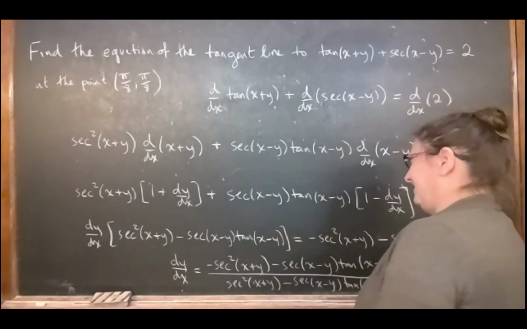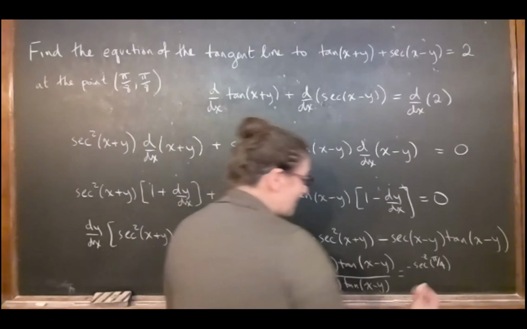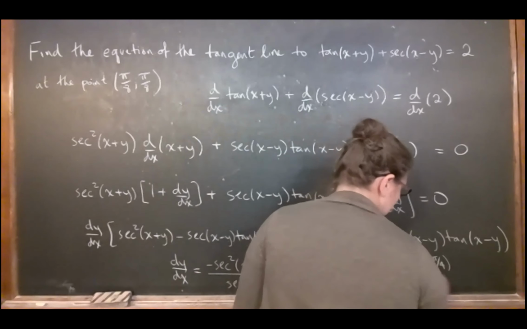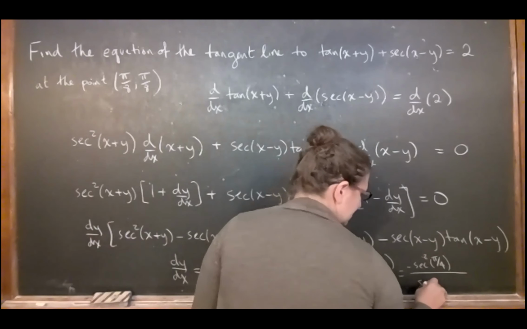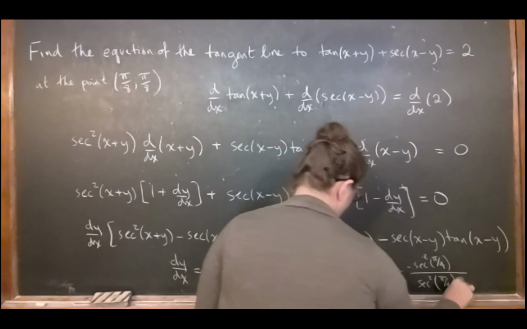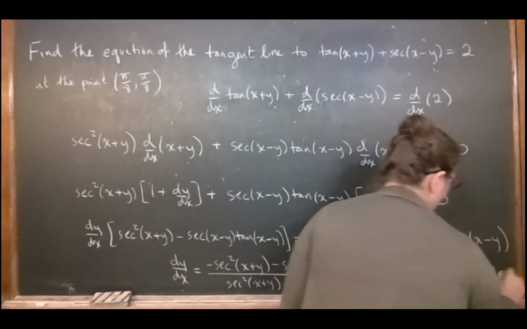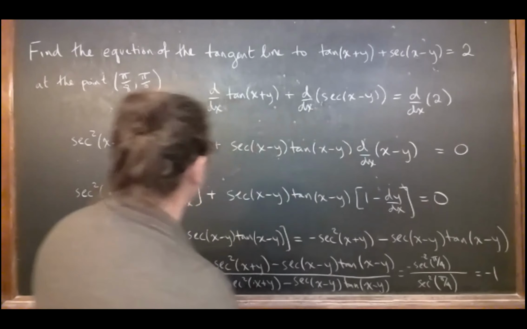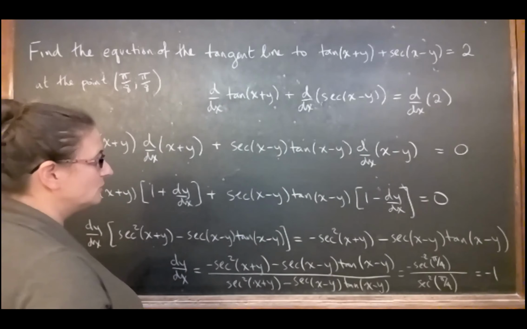Sorry. Tangent of 0 is 0, though, right? So that's just going to be 0. And then down here, also, we're going to have the secant squared of pi over 4 minus 0. So eventually we get -1. Okay. And so that's my slope.